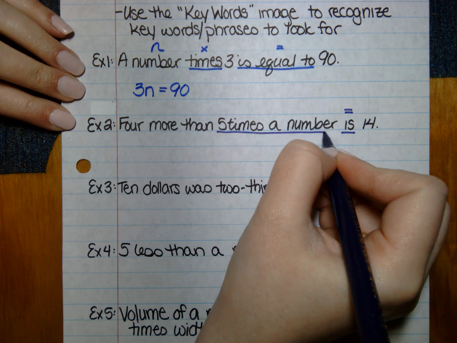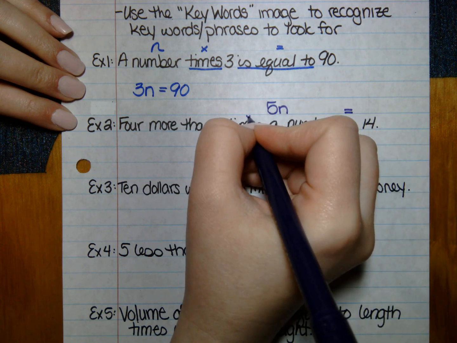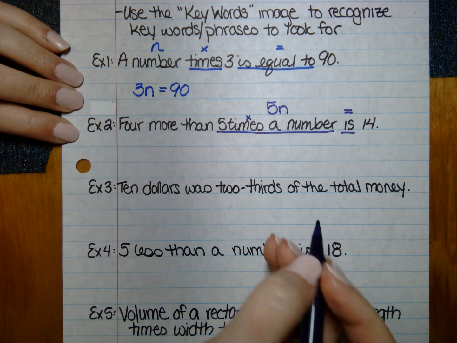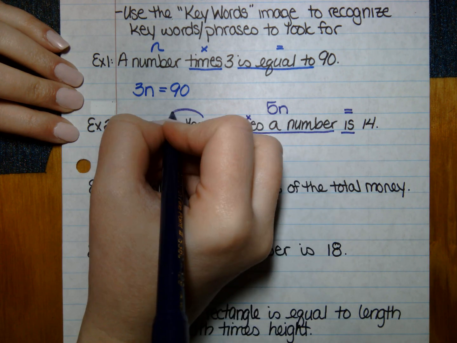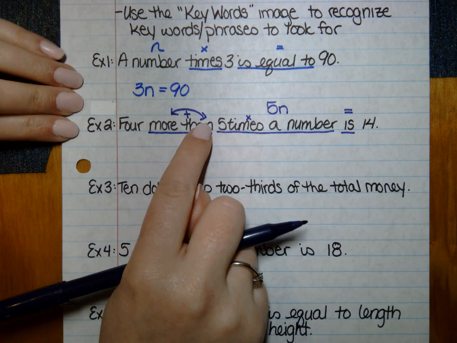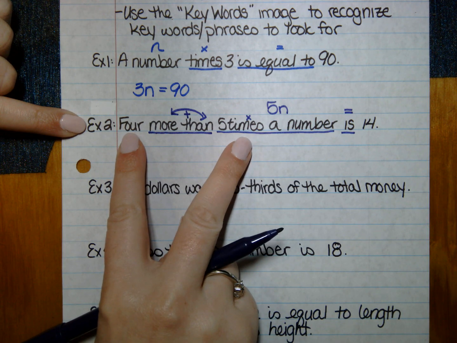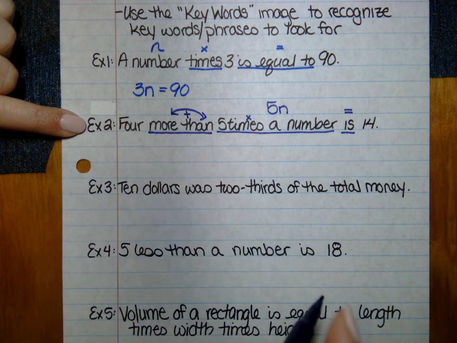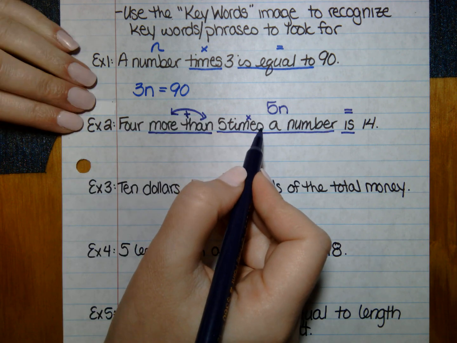5 times a number would be written as 5n because times means to multiply them. And then we have 4 more than. More means to add, and since we have this double arrow, that means these two terms that you're adding together have to be flipped because you're really going to be adding 4 to this value.